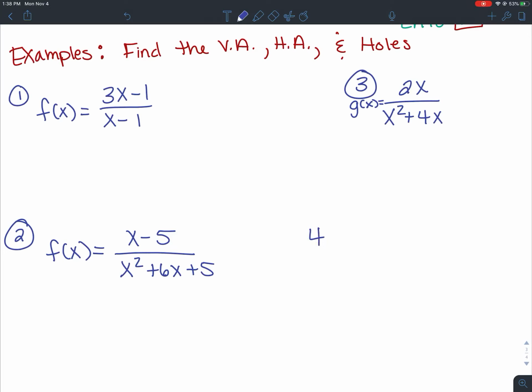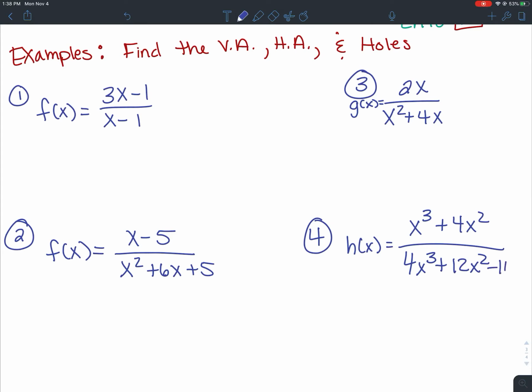And then the last rational function is h of x equals x cubed plus 4x squared over 4x cubed plus 12x squared minus 16x. All right, write those down. Please try to see if you can do it. You should be able to find the vertical asymptotes and the holes, factor, cancel, all that fun stuff. And then my new thing, Bobo, Botan, etc.